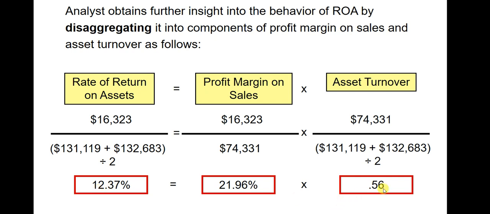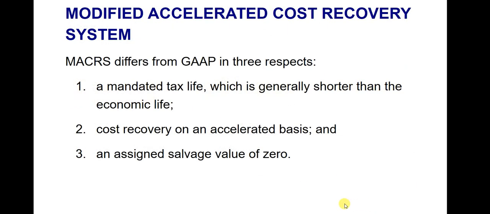So why does 56 go down to 12 cents? Because of expenses. So you can also analyze that: 56 minus 12 is the amount of expenses that I have per dollar of assets. So it's just a method to do that.